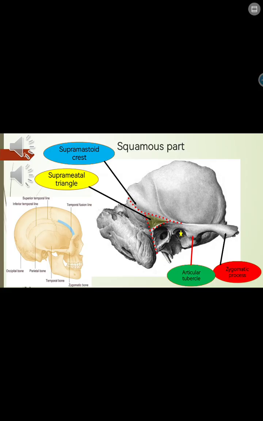A zygomatic process articulates with the temporal process of zygomatic bone and shapes zygomatic arch.